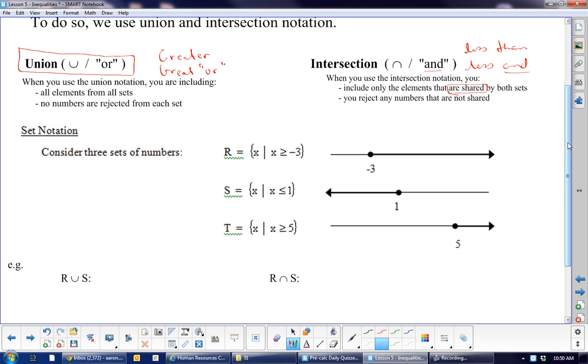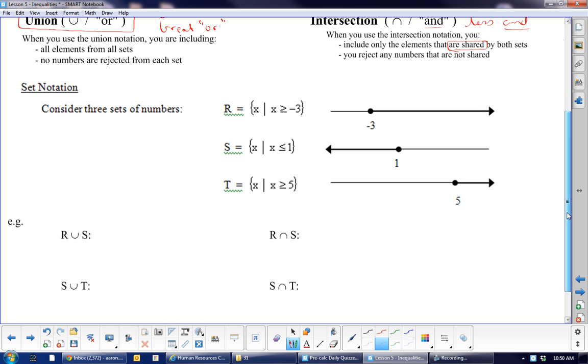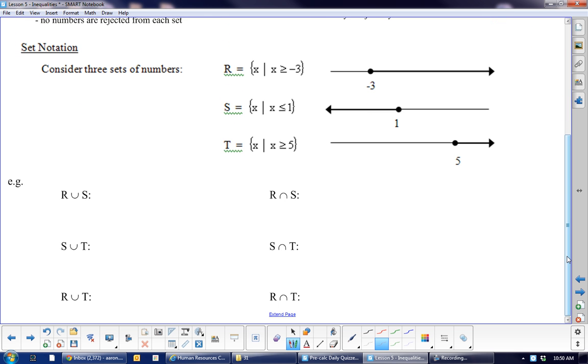Okay, so here's where I'm going to illustrate how this works. Here's set notation: R is x is greater or equal to -3, S is x is less than 1, the other one x is greater than 5. So what does R union S mean? Well, let's draw our number line. R goes from -3 all the way over this way.